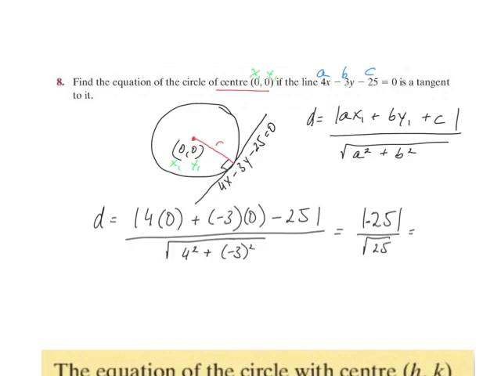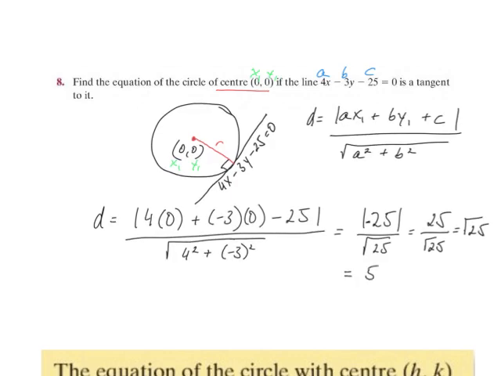And the 2 bars make the value positive, yeah, so that minus 25 is now turned into 25, and over root 25. If you put that in the calculator, you get root 25, which is 5.